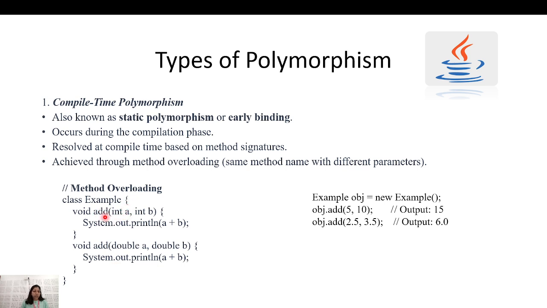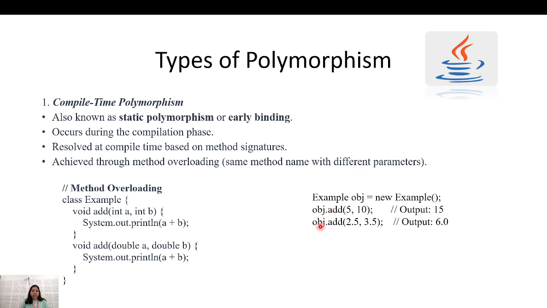In this overloading, we have the add method, one for integer addition and a second for double addition. How can I say it is compile time? Because whenever I create the object of the Example class, Example obj is equal to new Example, and I call obj.add passing integer values, at this time I know that add with integer a, integer b will be called, and our output will be 15.